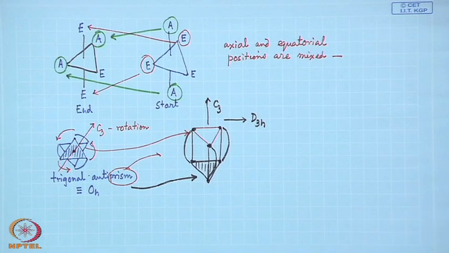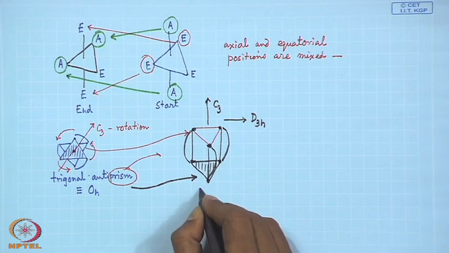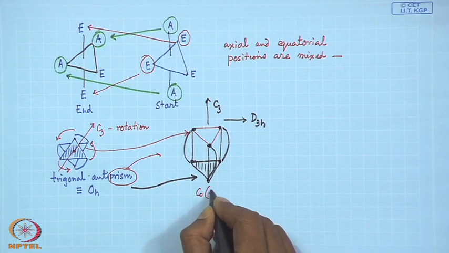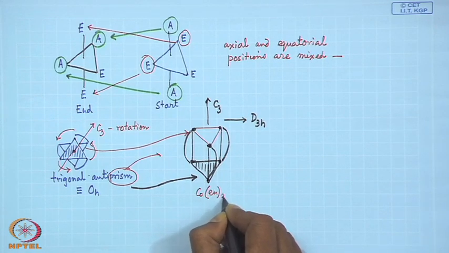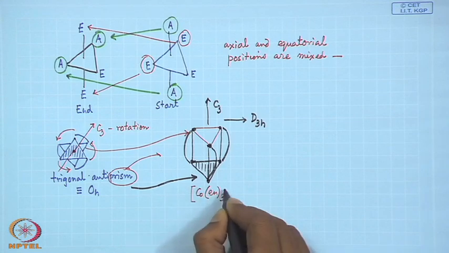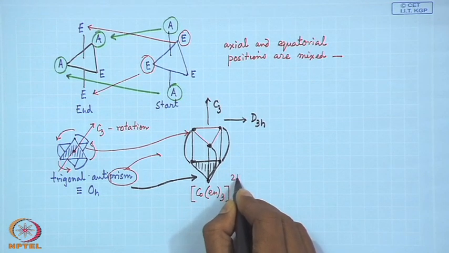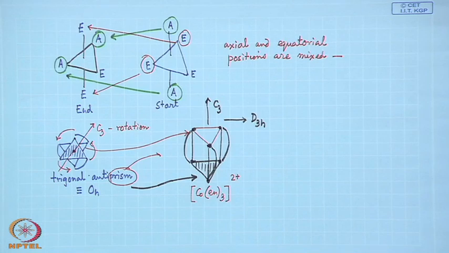This is the corresponding geometrical form for the tris chelate. It can be from any compound, like a cobalt tris(ethylenediamine) compound, which can remain in this particular form for this distortion.